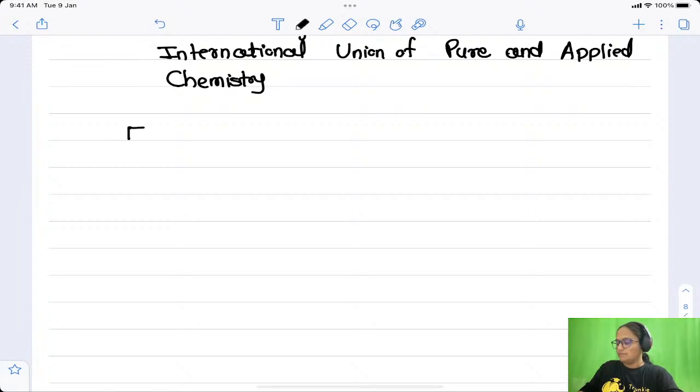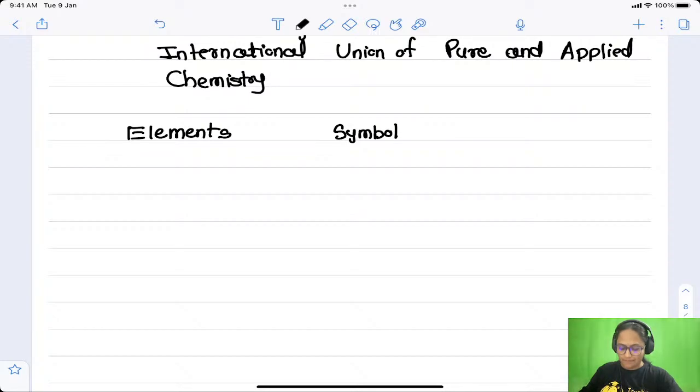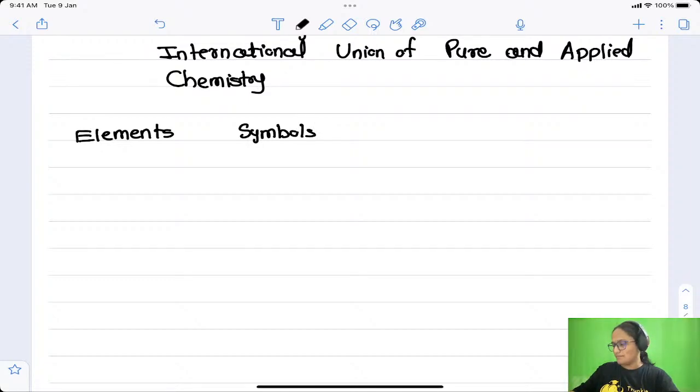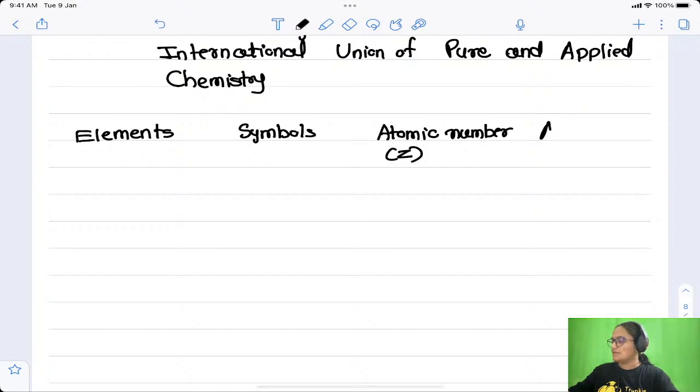So first of all, the name of the elements, symbol, atomic number, and atomic mass.